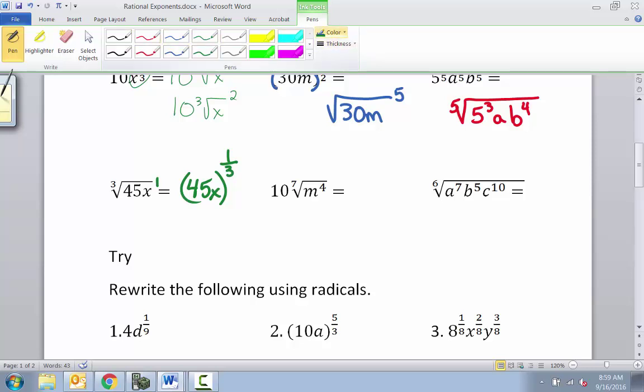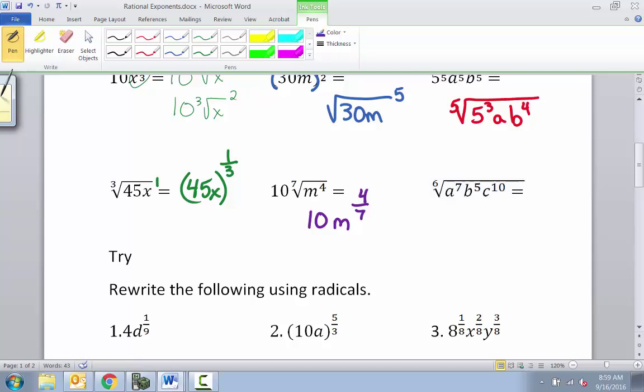If we look at this next one, again, 10's not inside of it. 10's by itself, and then we have parentheses. Actually, we don't need parentheses for this one. So it's m, and 4 is the exponent, the numerator, and 7 is the index.